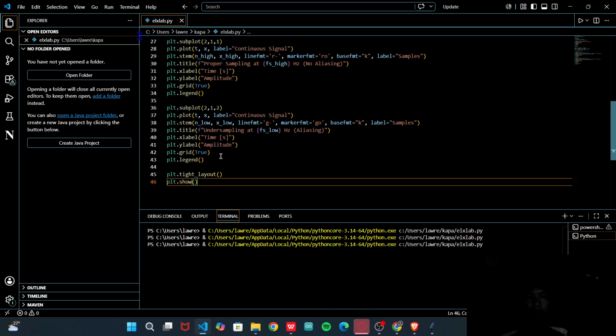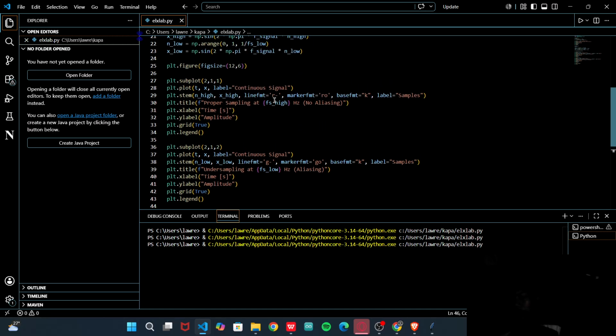In the first subplot, we plot the continuous sine wave as reference, then we overlay the samples using stem, with red markers and red lines. At 50 Hz, we have 50 samples per second. Notice how the samples capture the sine wave accurately. When we connect these samples mentally, they perfectly track the original wave.